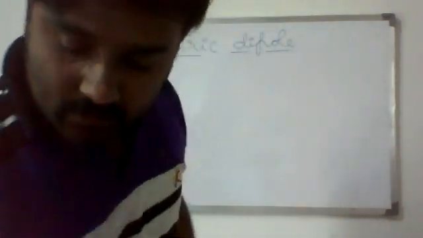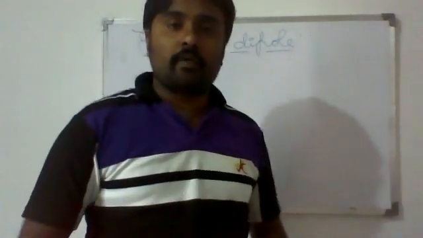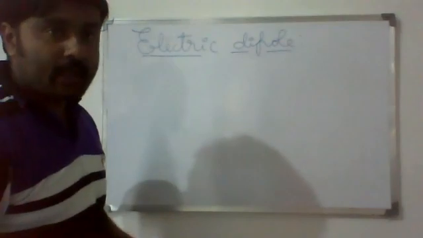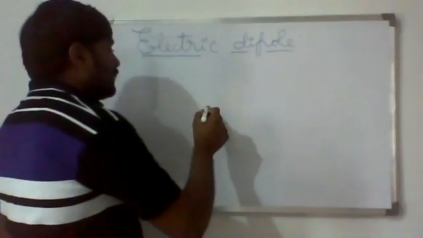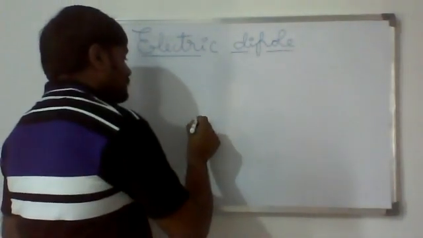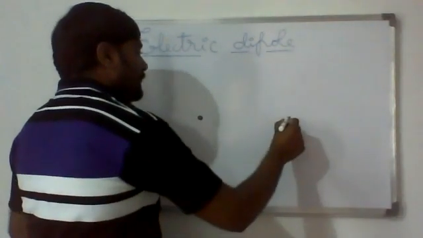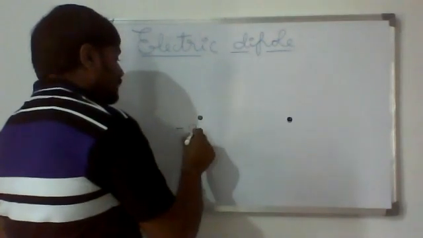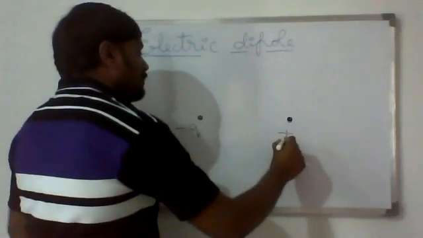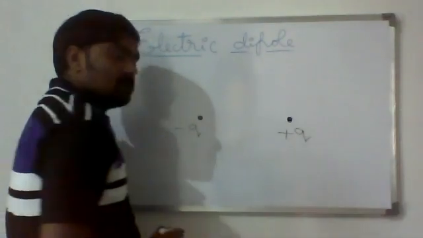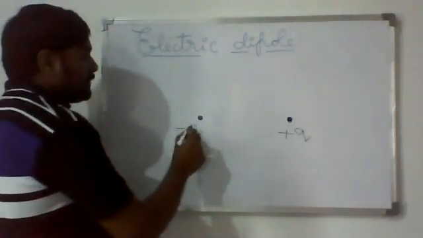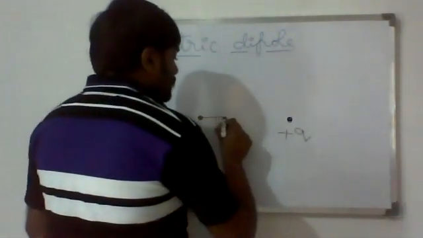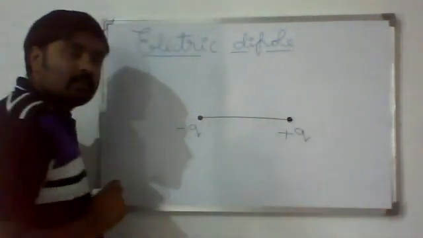Okay, first let us discuss the meaning of electric dipole. Electric dipole means a pair of equal and opposite point charges separated by a small vector distance.